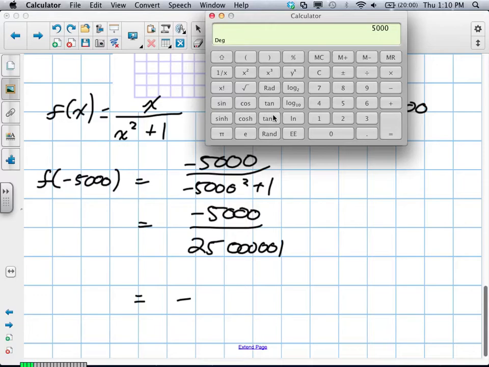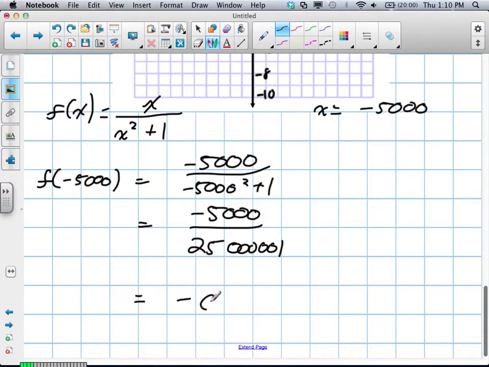And when we divide this value, we're going to get negative 5,000 divided by 25 million. Negative, a very small number. This number is important. Negative very small number, so negative 0.0001-ish, something like that.